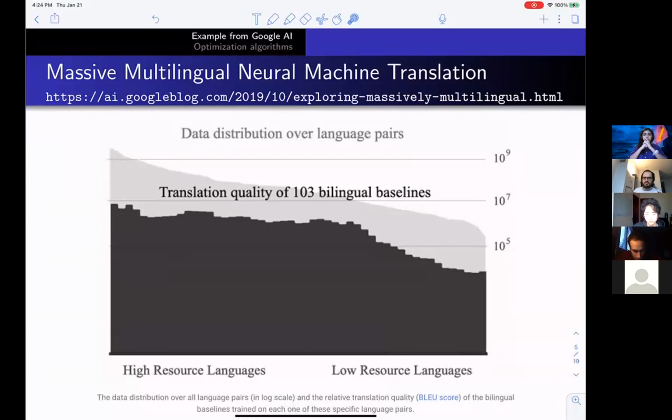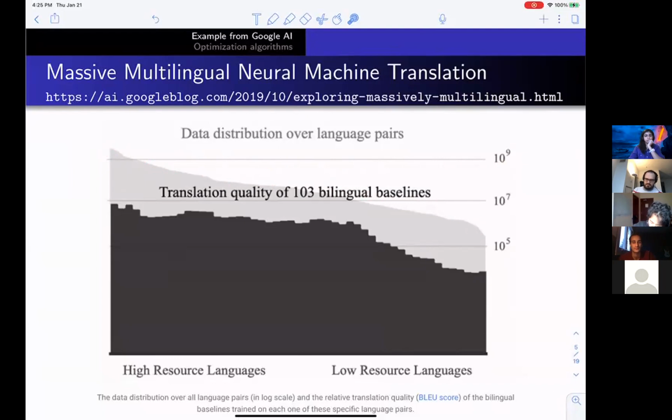For example, there's lots of websites that are written in the English language, but there's very few websites in comparison that are written in the Hebrew language, right? And so here you can see a curve where each dot here corresponds to a different language. And you can see how high resource languages have something like 10 to the 9 different.